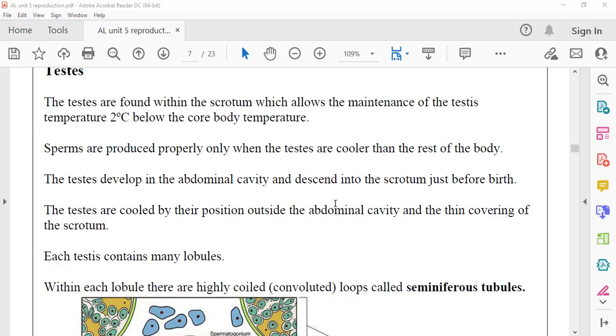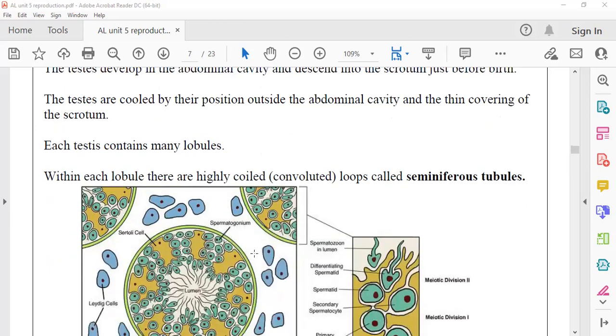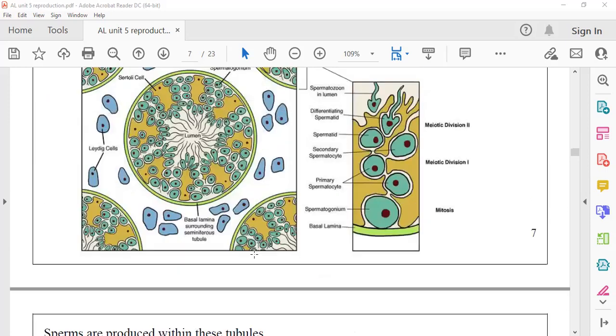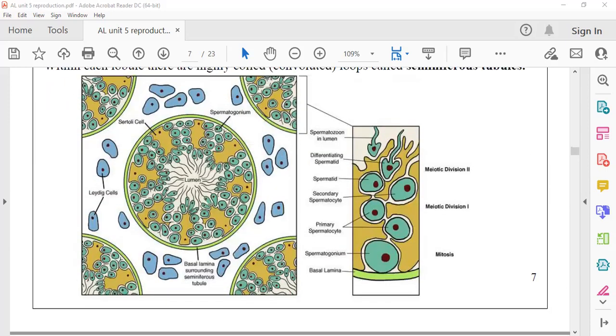If you observe the testis, a large number of small compartments will be there in the testis.